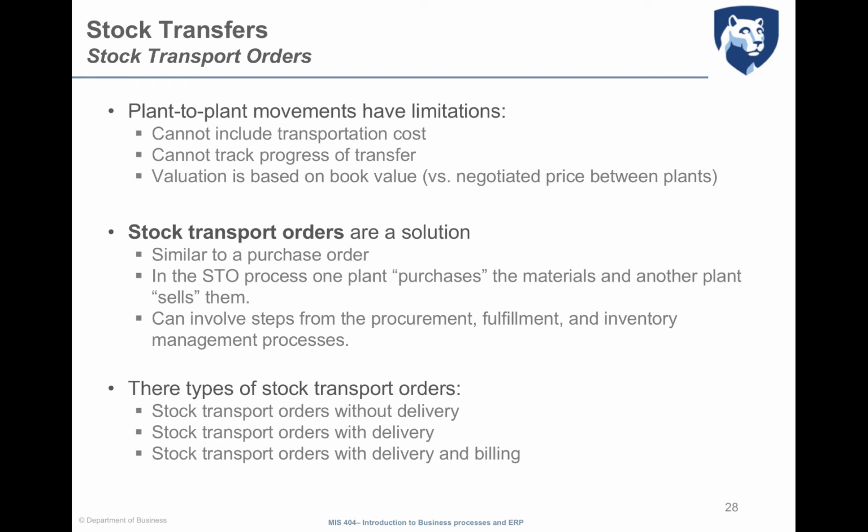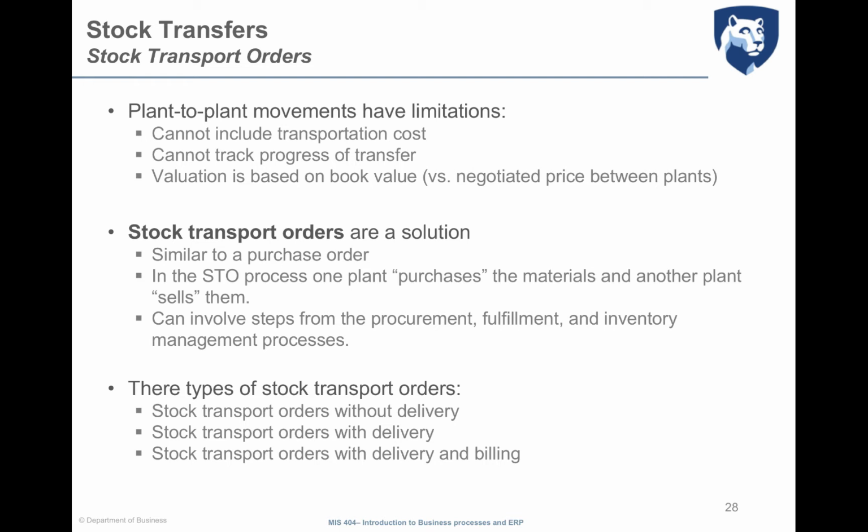The stock transport order is very similar to a purchase order in the purchasing process, except from the fact that it is used for a plant-to-plant movement. So I want to highlight the fact that two different plants are moving goods and they are doing this through a commercial transaction.